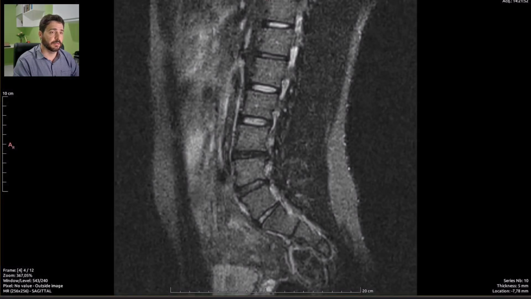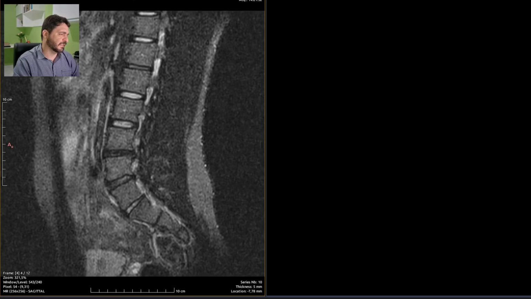So our next exam is a lumbar spine. Just hit download. It's a lumbar spine of a 19-year-old male patient. Clinical history says, let's let it load. The images are already here. It says he has chronic lower back pain. It makes no sense. He is 19 years old, not 90.